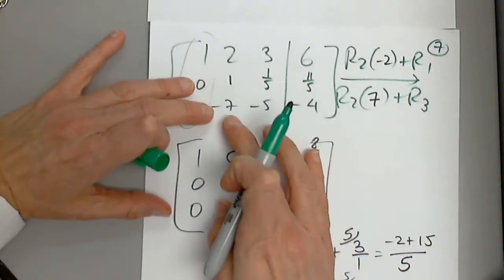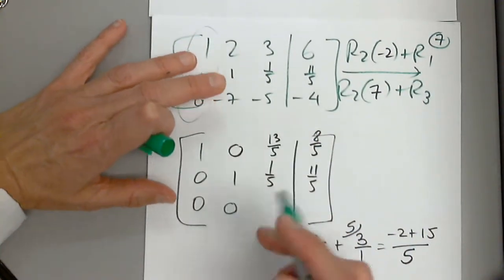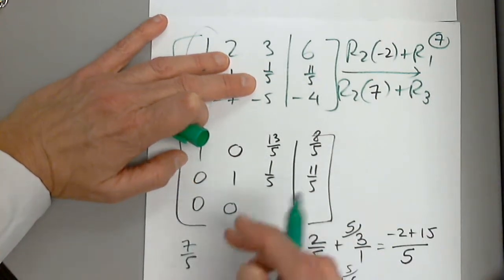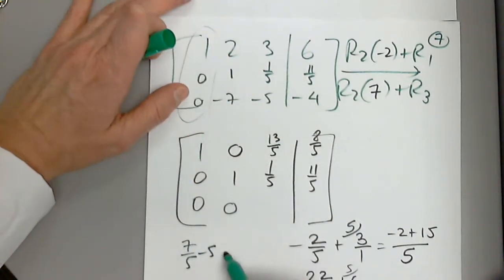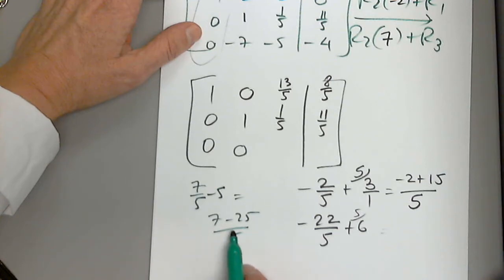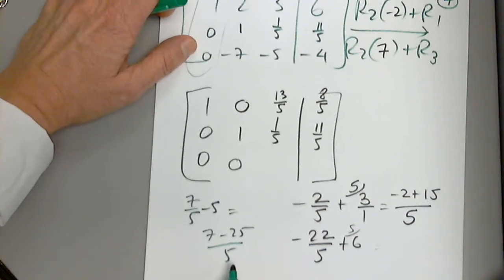One times 7 minus 7. 1/5 times 7 is 7/5, but minus 5. So this will be 7 minus 25 over 5, which is negative, what is it? Negative 18/5, correct.